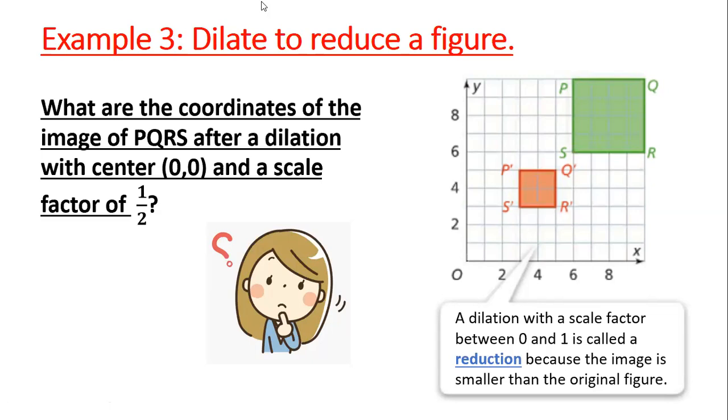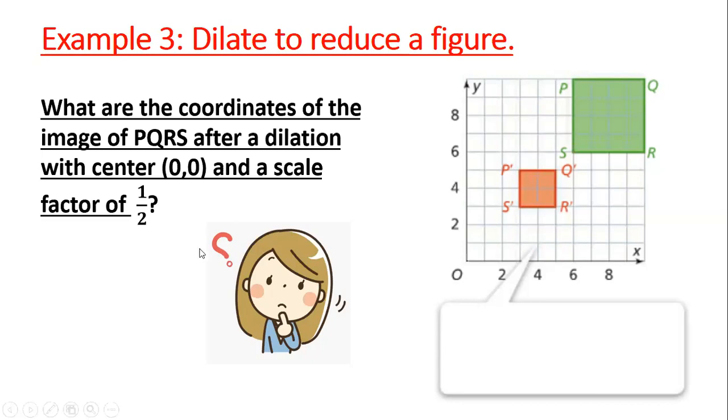Okay, so here we have the scale factor which is 1/2. 1/2 means 0.5. So here it's less than 1, so we're going to have a reduced image. But be careful for one thing here. For example, let's say that I have the scale factor -1. Is -1 less than 1?